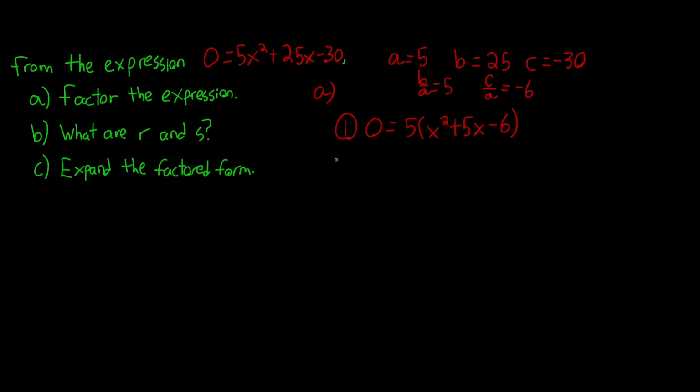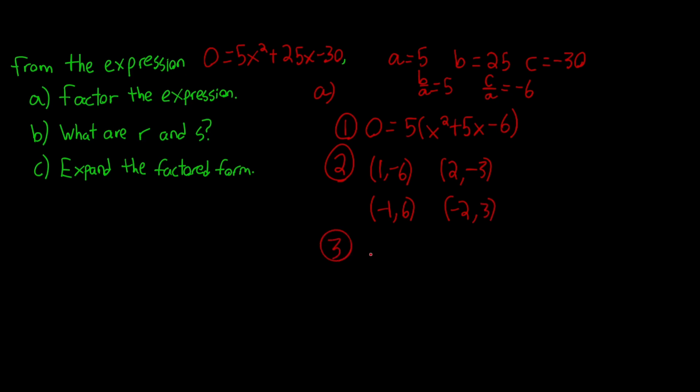And so for step number 2, we are going to ask ourselves, what are the factor pairs of negative 6? So what are two numbers that multiplied equal negative 6? Well, there's 4 combinations. We have 1 and negative 6, 2 and negative 3, negative 1 and 6, and negative 2 and 3.